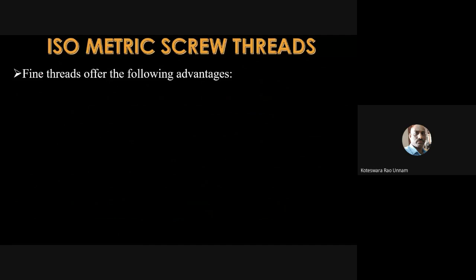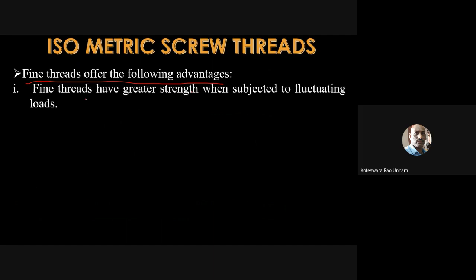Then the other type of thread is the fine series. Fine threads also have some advantages when compared to coarse threads. Fine threads have greater strength when subjected to fluctuating loads. Here, it's again the same thing: this point comes from the fact that bolted joints will loosen when they are subjected to vibrations. Vibration is nothing but some kind of fluctuating load.